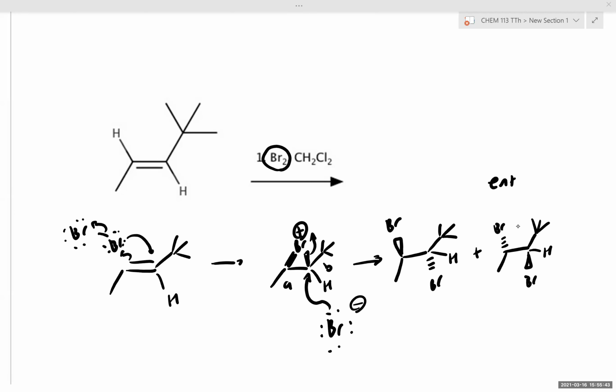You already will see a preference for attack at position B anyways, because B is adjacent to a bulkier group and can experience greater stabilization from hyperconjugation effects. No worries, that's why I'm answering the question. Any other questions on this example?